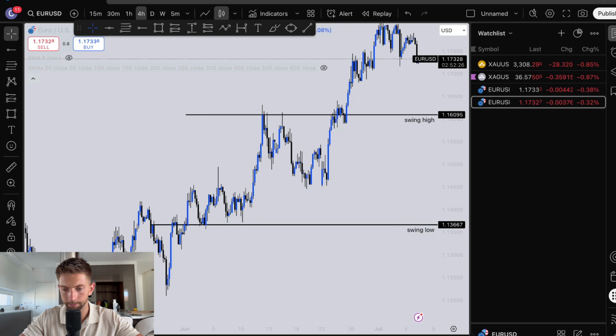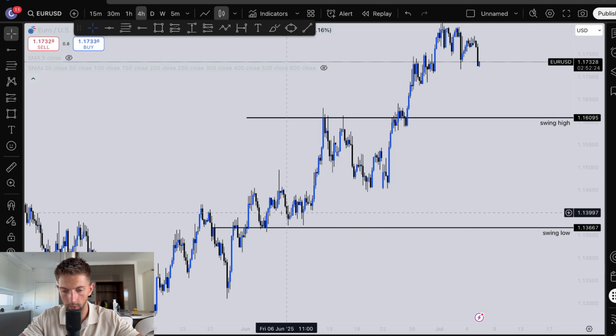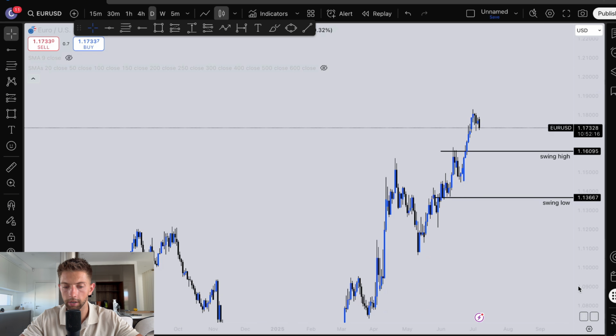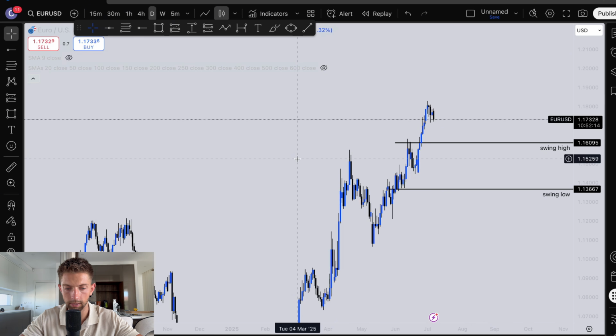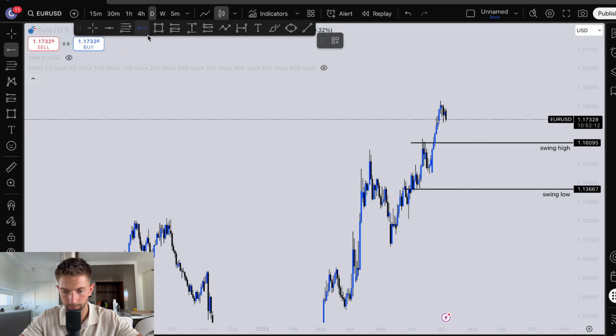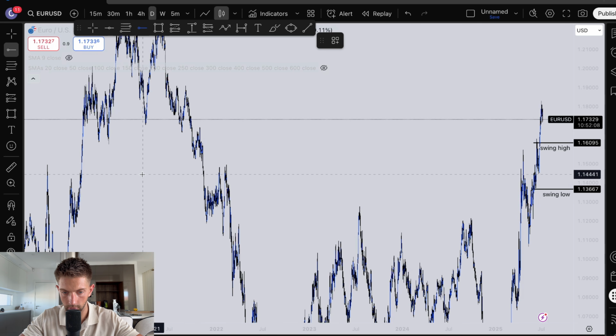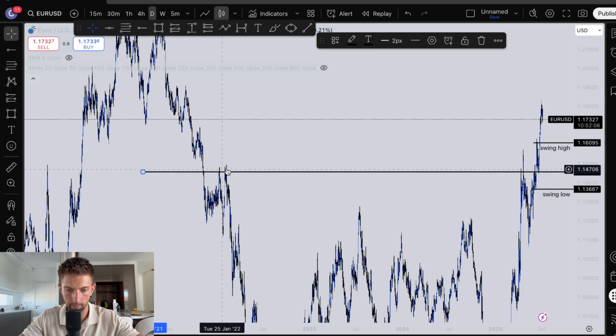So as you can see, we have marked out our swing low and swing high on this example. Now as I said, I'm drawing my key levels based on the reaction price gave me in the past. So let's go in the past, and I can draw a key level like this, because as you can see, price reacted from it right here, even right here, even right here.